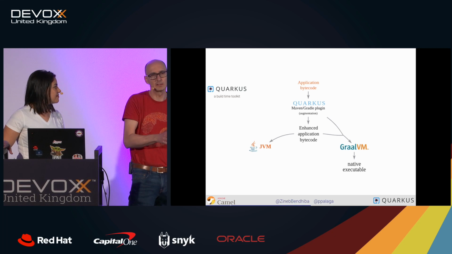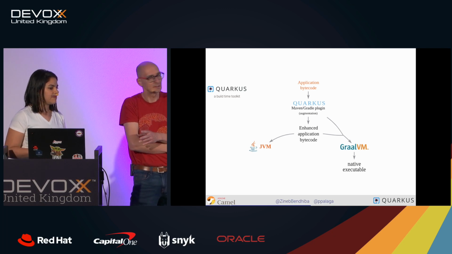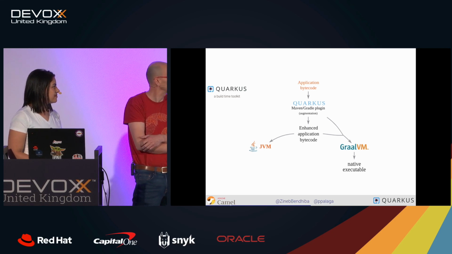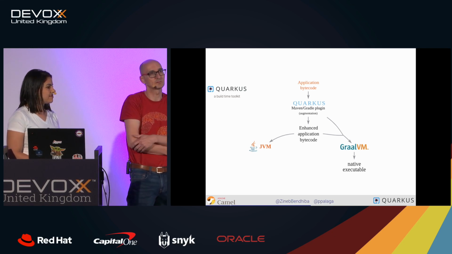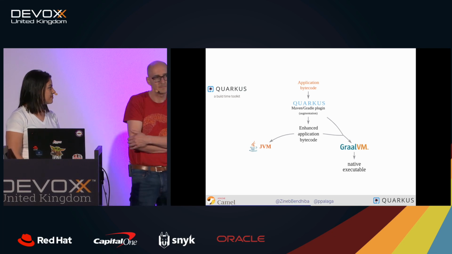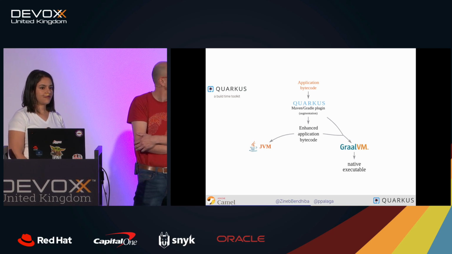I'm not going too much into detail about what that augmentation means, but important for us at this point is that this is still bytecode. It's a bit different, but it's still bytecode, right? And it means that it can be run on a stock JVM, such as HotSpot. And as another option, it can be passed on to a GraalVM compiler to produce a native executable.